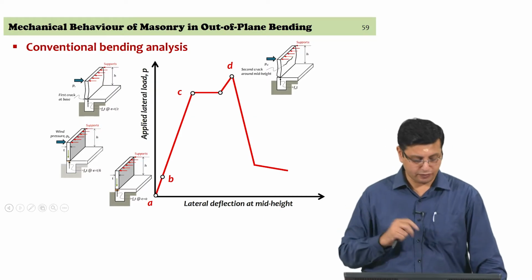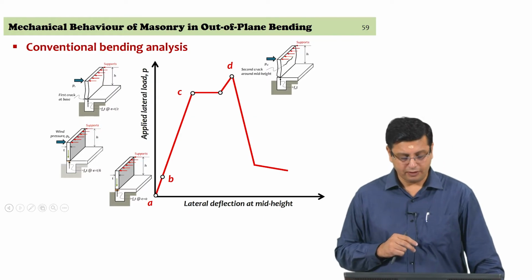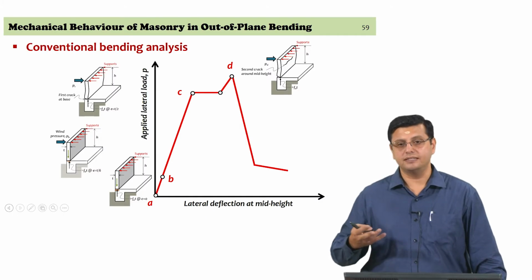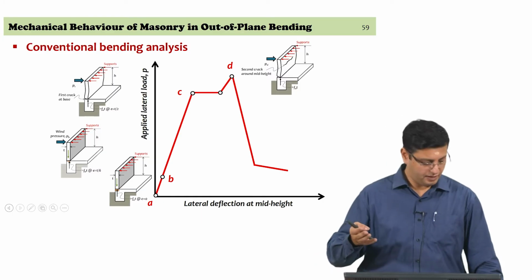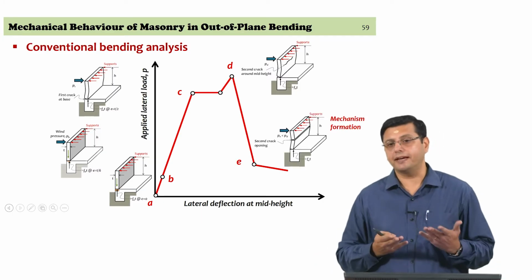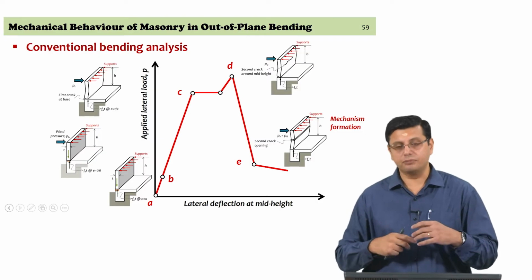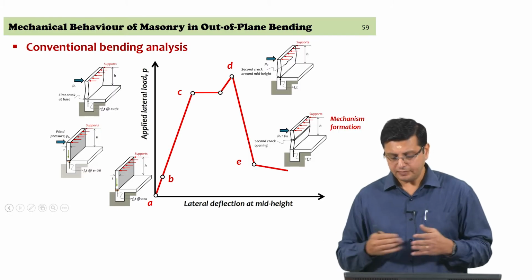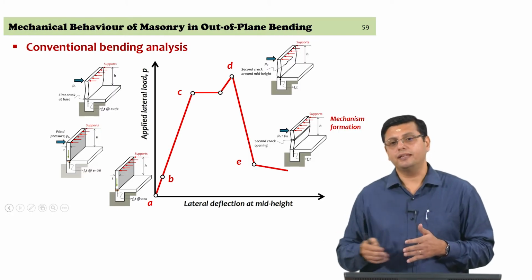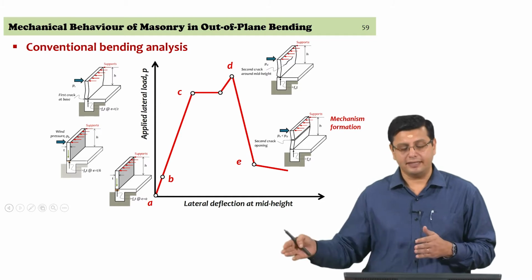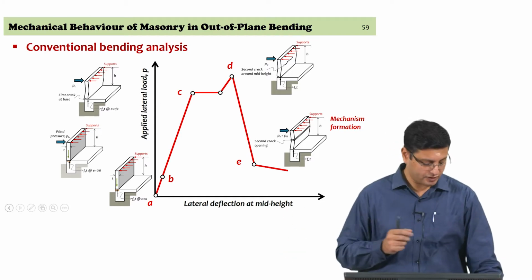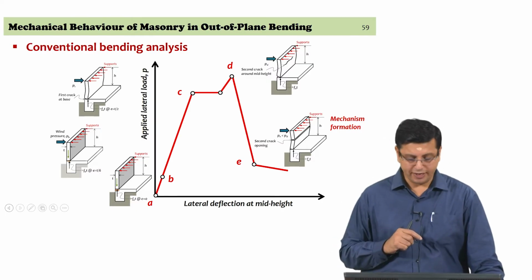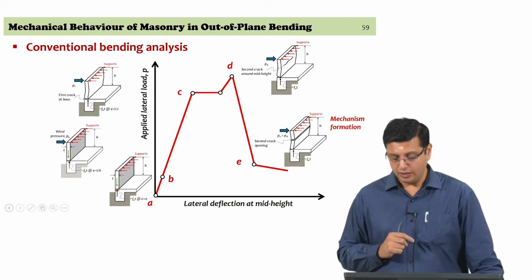So the triangular distribution of compressive stresses continues to be considered at this stage, and as the lateral force is increased, you will get the complete mechanism formation in the form of two rigid blocks that are rotating at its ends and about the mid height, and you will have failure when the lateral displacement exceeds at least one half of the cross section thickness T. So, about 0.5 T you should get failure in the system due to instability.